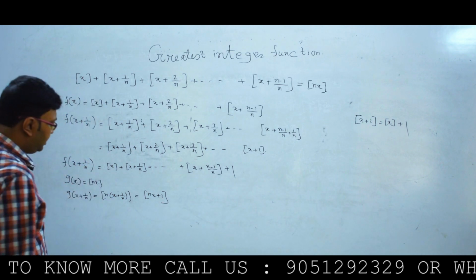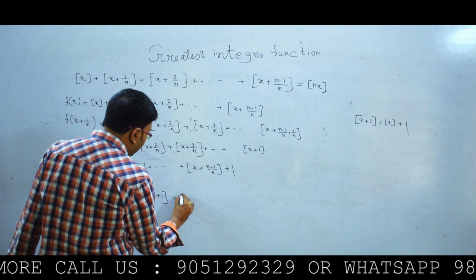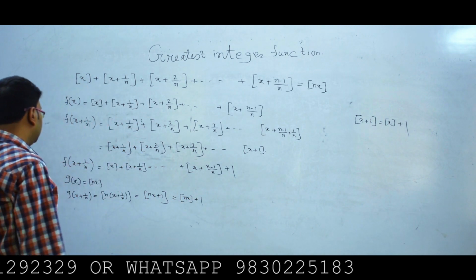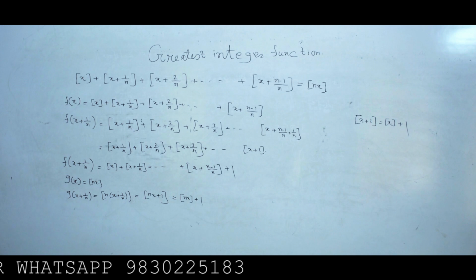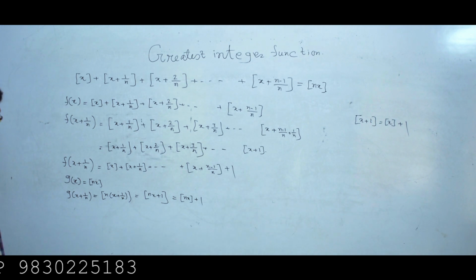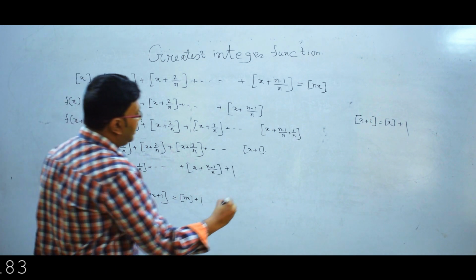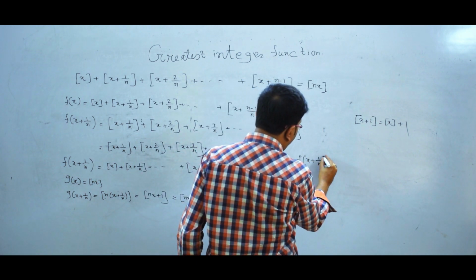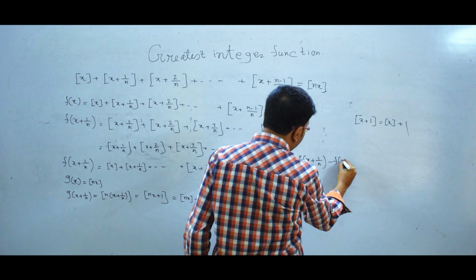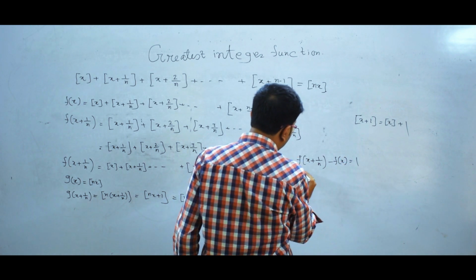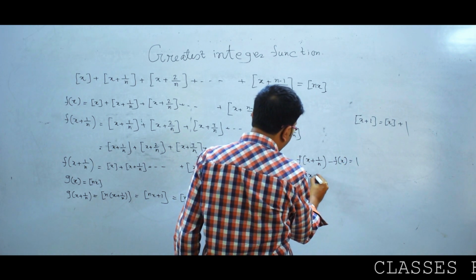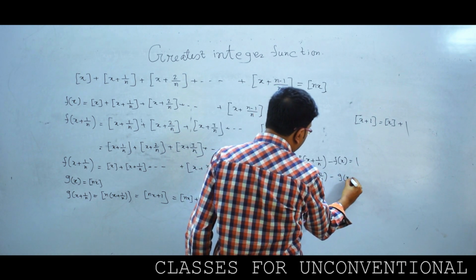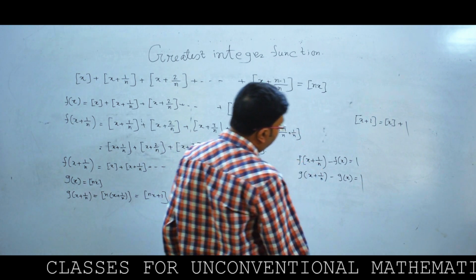Again, 1 is an integer, therefore {nx} + 1. Hence, it is clear that f(x + 1/n) minus f(x) equals 1 and g(x + 1/n) minus g(x) equals 1 for all values of x.